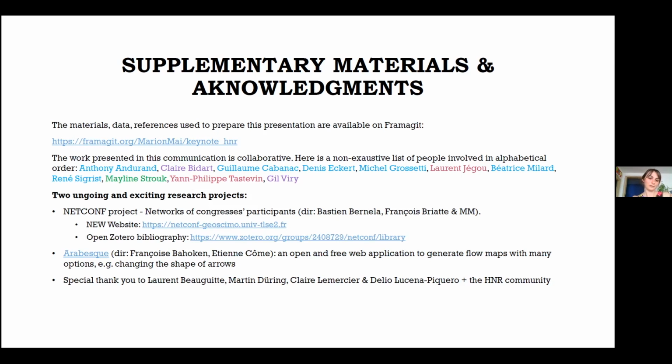If you want to contribute to the Zotero bibliography, you can send me an email and you will be a member. I will be glad. I also think it can be interesting to mention the work of colleagues. I'm working together with them, but I'm less involved in this project than in the first one, to develop an open and free web application to generate flow maps. It's already online, so you can try it if you want to make your own flow maps.